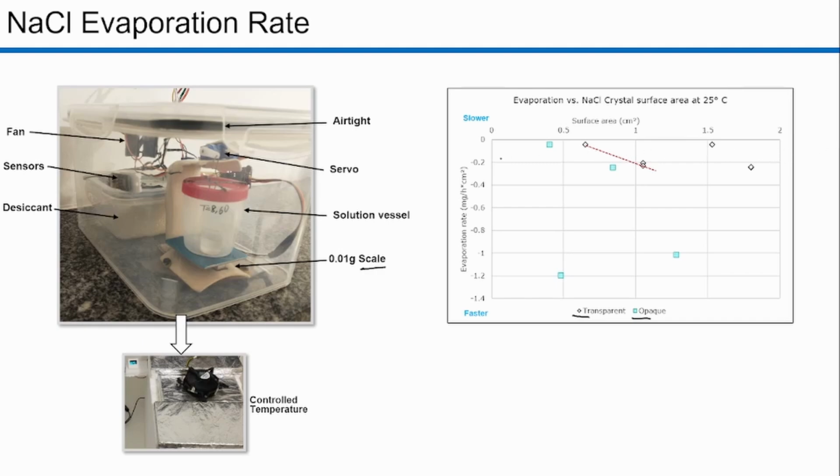But if your evaporation rate gets higher than this threshold, then you get opaque crystals. That should be the fast evaporation. Or if you have some evaporation rate over here, you should have a surface area enough to cover for this to grow in the transparent domain. Otherwise you get opaque crystals.